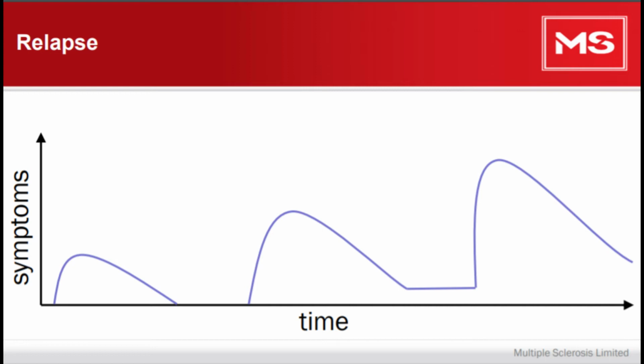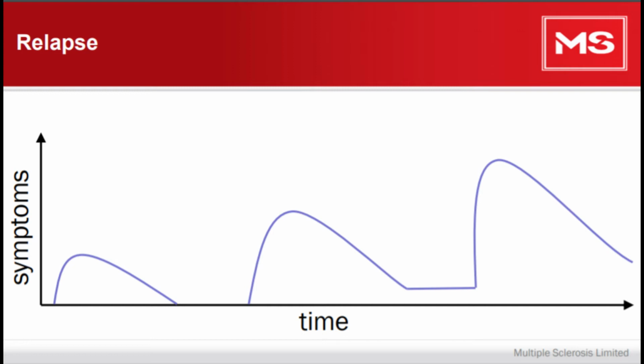It's normally defined as a development of new symptoms or a worsening or recurrence of old symptoms temporarily. It's important that we determine that the relapse is not what we call a pseudo exacerbation, i.e. it's not caused by something like an infection or a hot bath or an increase in temperature, for example.